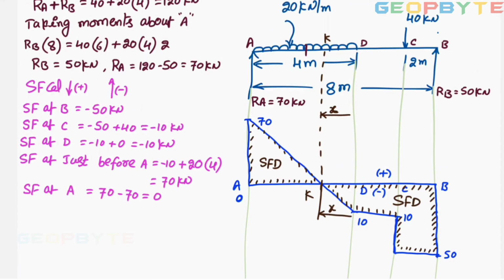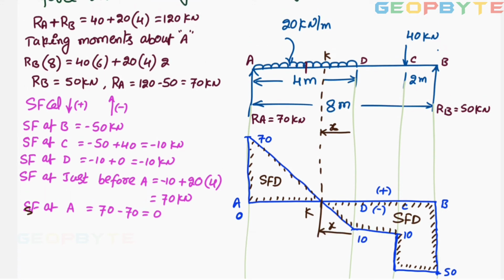Now first let us find the shear force at K. Shear force at K is equal to minus 50 upward force plus 40 plus UDL multiplied by UDL distance up to K, 20 multiplied by x.